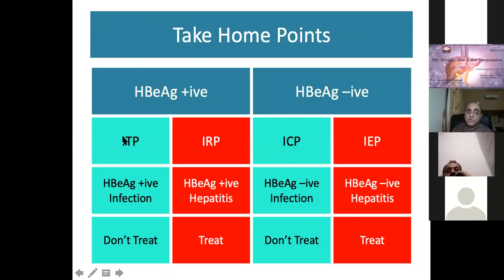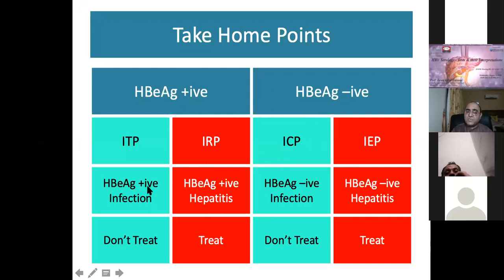Nowadays, the immune tolerant phase is called HBe antigen positive infection, and the immune reactive phase is called HBe antigen positive hepatitis. And the HBe antigen negative patients are divided into two: immune control phase or immune escape phase. Immune control phase is nowadays called E antigen negative infection, and immune escape phase is nowadays called E antigen negative hepatitis.